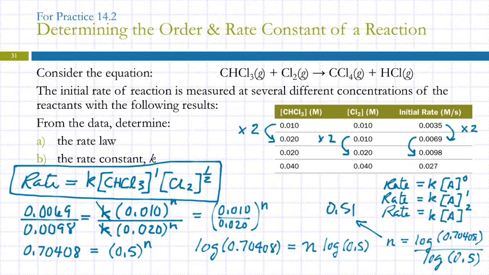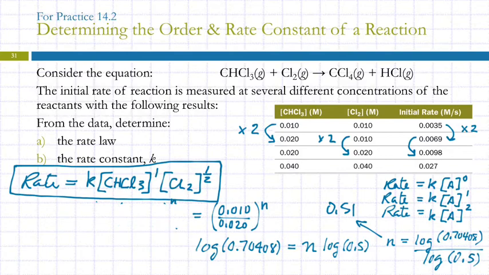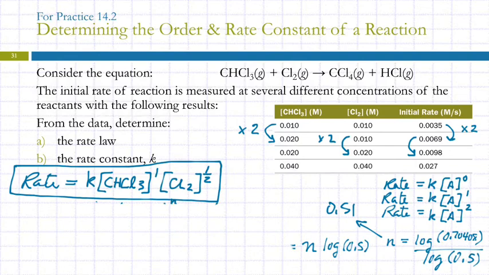Okay, so we still have to answer part B, right? So I'm going to erase a bunch of stuff here because I used up so much space. Let me get rid of all of this.